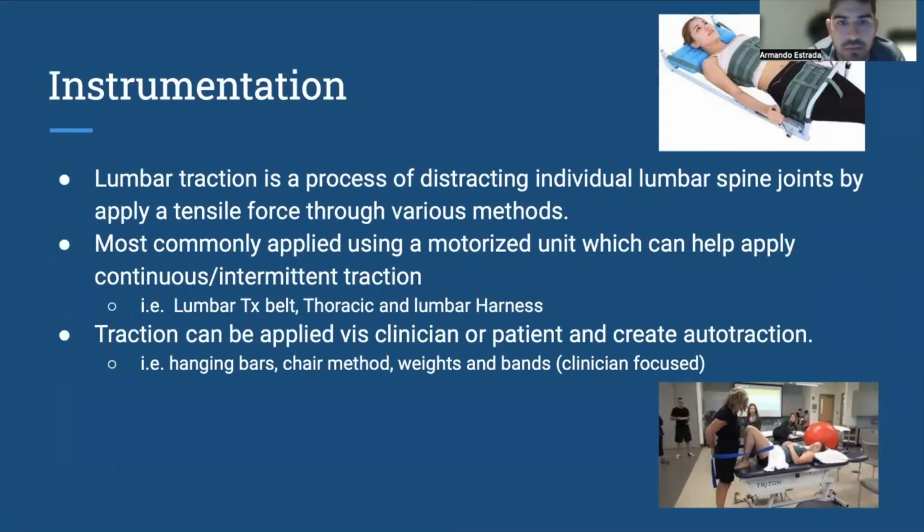The most commonly applied instrumentation is a motorized unit, which can help apply a continuous and intermittent traction force, more of a consistent force. Examples would include the lumbar traction belt. Along with that would be thoracic and lumbar harnesses, separated so that they can stabilize each compartment which they harness, and they can apply tensile force there.